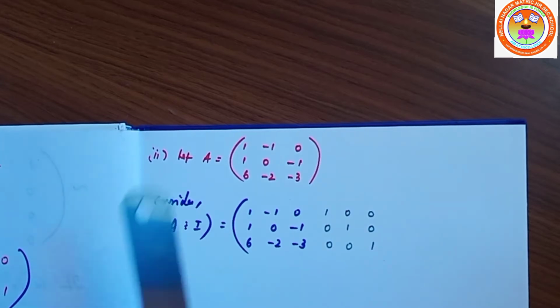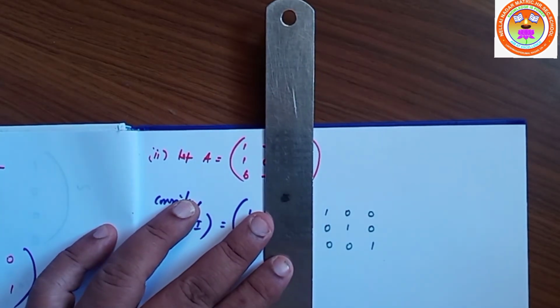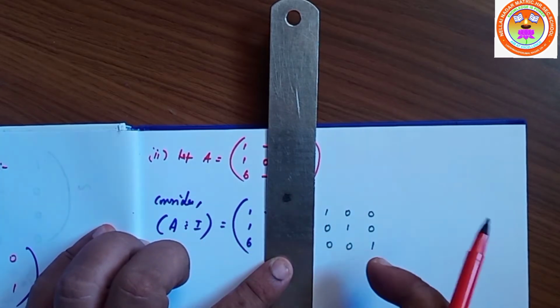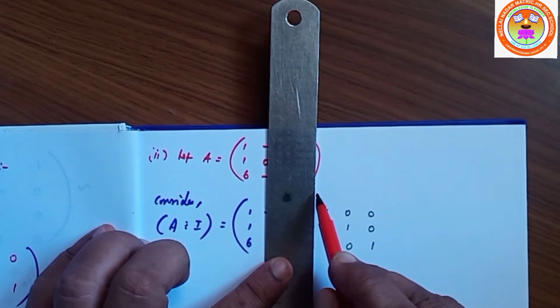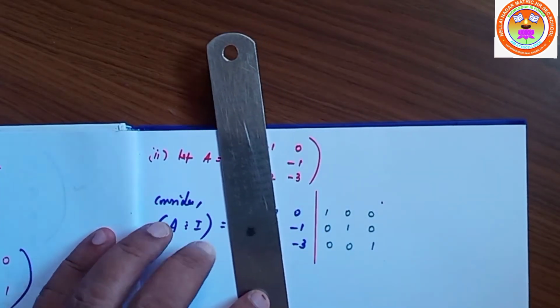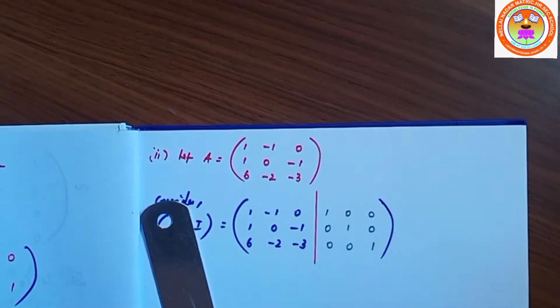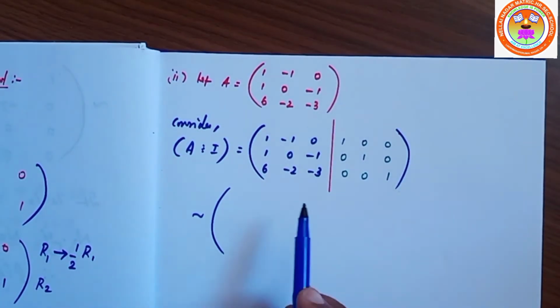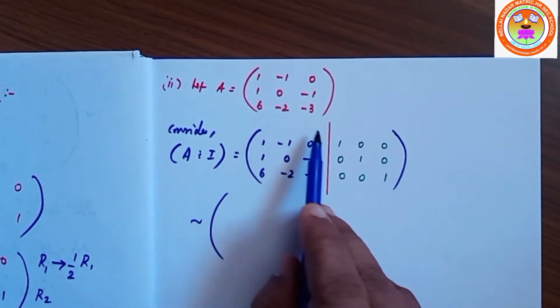Okay, so in between you draw a line, that means separating the given matrix and identity matrix, dotted line or a straight line. You can draw like this. Now put equivalent symbol. Listen carefully. We have to convert this matrix into identity matrix.